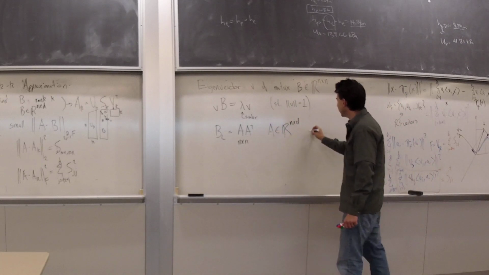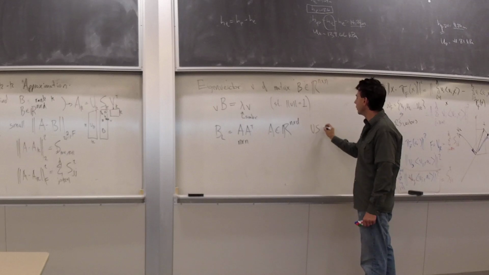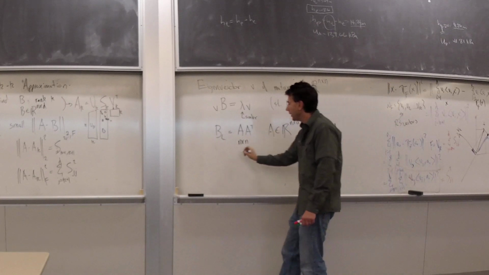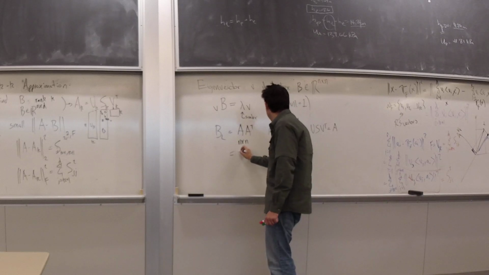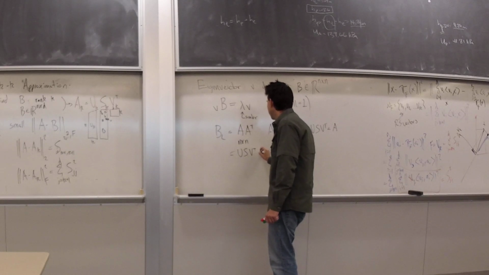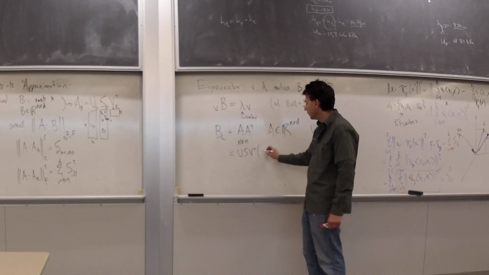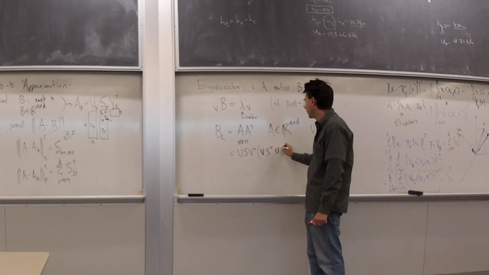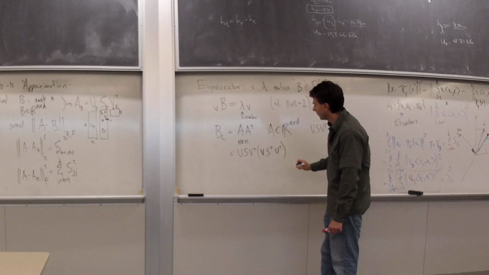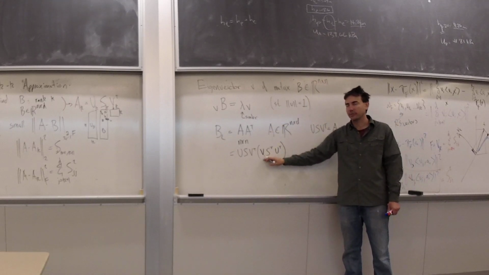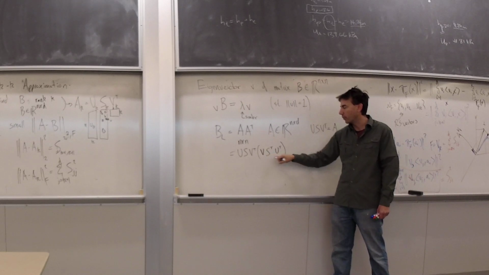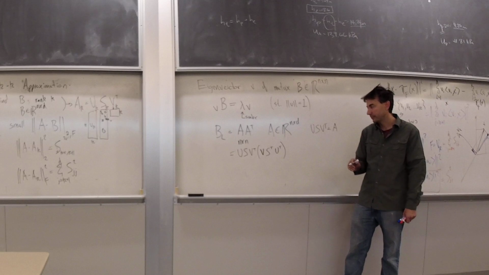Okay, and if this has an SVD, if I know that USV transpose is equal to A, then I can write this out as USV transpose times its transpose. To do the transpose of a composition, I reverse the order and take the transpose of each of the elements.